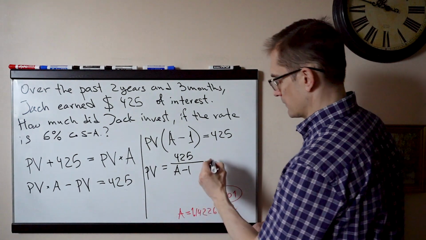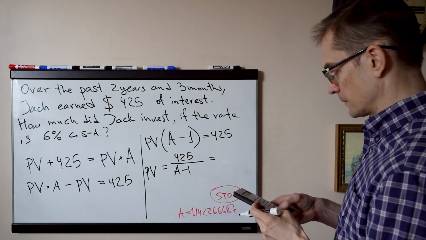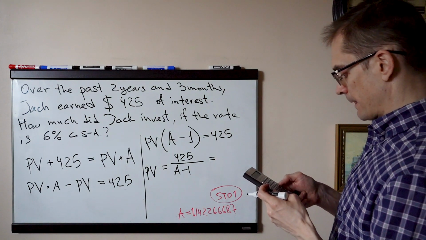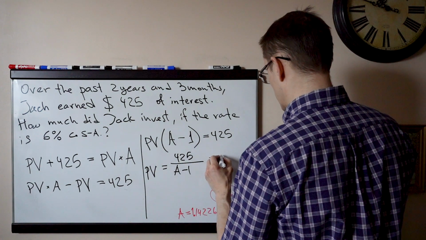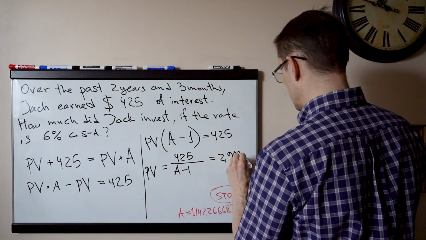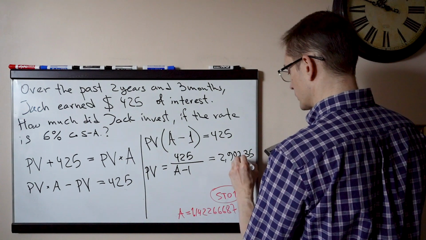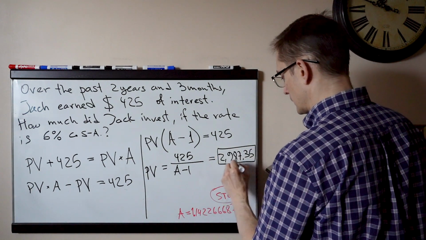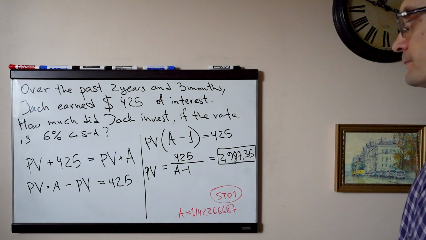Remember that we already have this A, and we can carry out this computation now. So we have 2,987.35, rounded to 2 decimals. So that's going to be our answer.